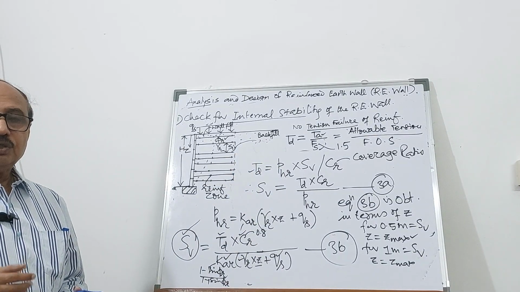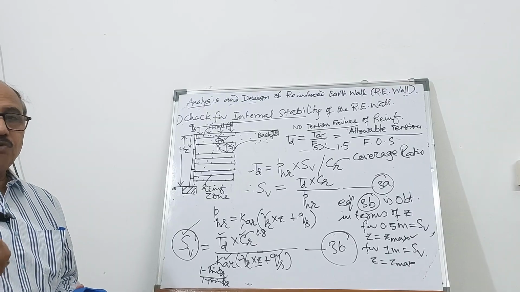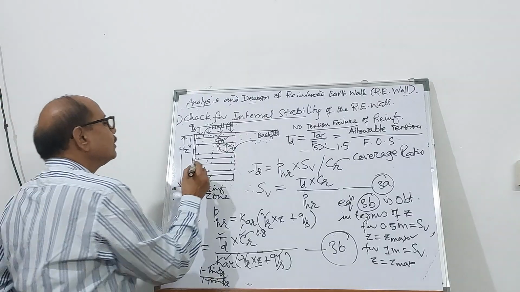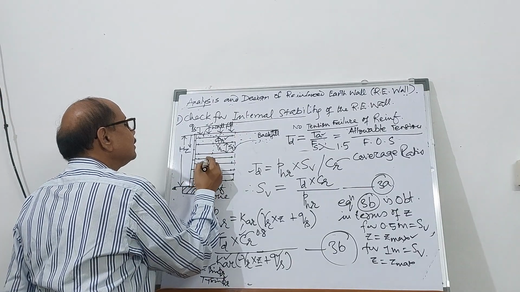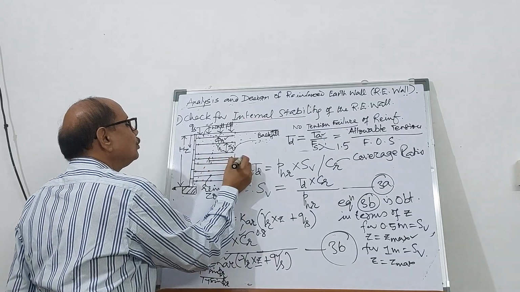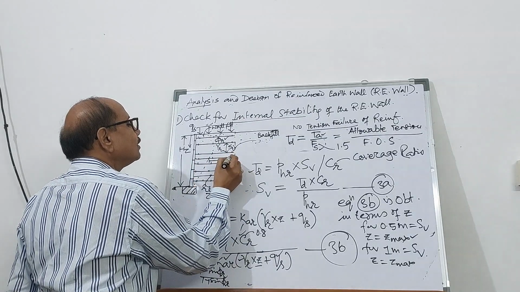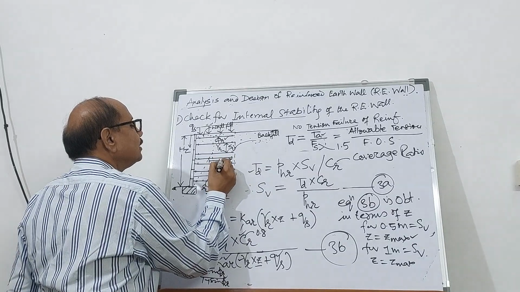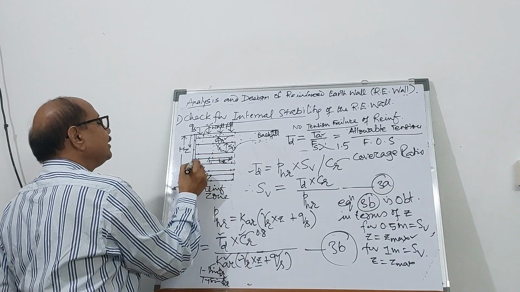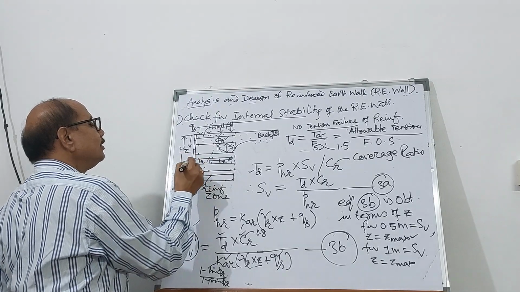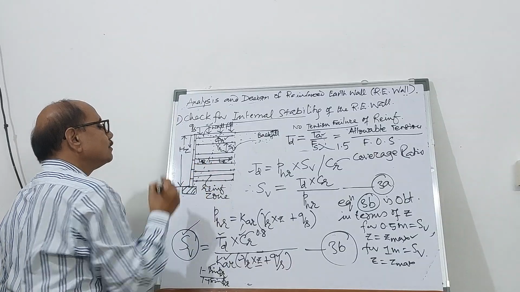Now, the question is how to find out the effective length. What is the effective length? As I told you, this is the slip surface, and from the slip surface up to the end, this is called the length LE, and this side is called LR.